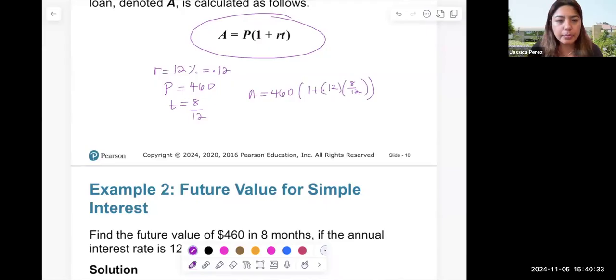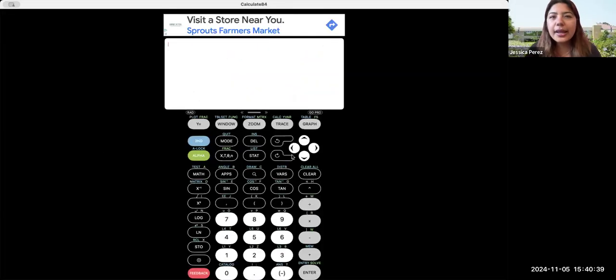So let me project that. There's my Calculate 84. I put 460 times parentheses 1 plus parentheses 0.12 close parentheses times 8 over 12 close parentheses, and that's what I'm going to get: 496.80.